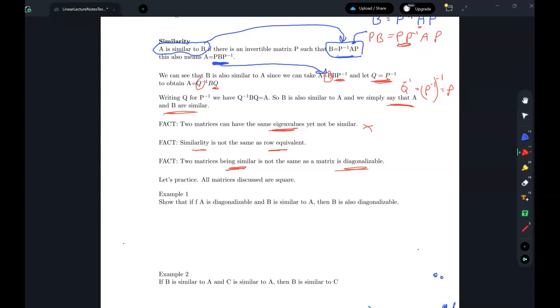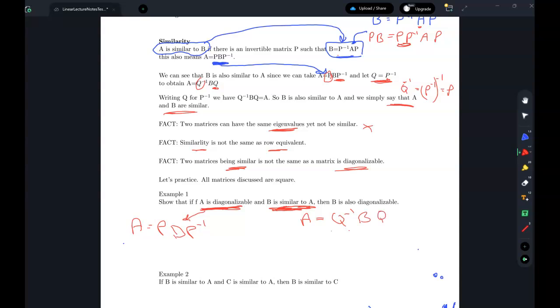Okay, so let's make sure we know the definitions of diagonalizable and similar. If A is diagonalizable, that means A is equal to PD P inverse, right? That's that diagonal matrix in the middle with the eigenvalues on the diagonal. If B is similar to A, that means I have, and I'm going to use different letters, not a P here because I've got P's over here, Q inverse BQ.